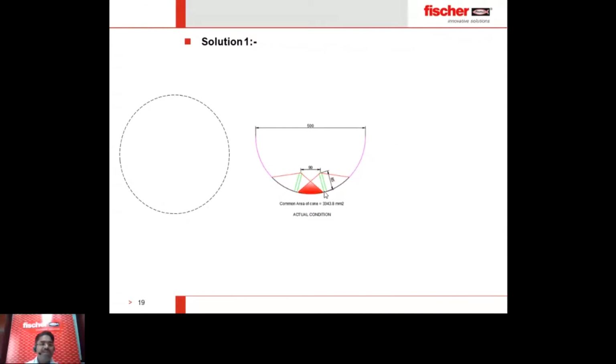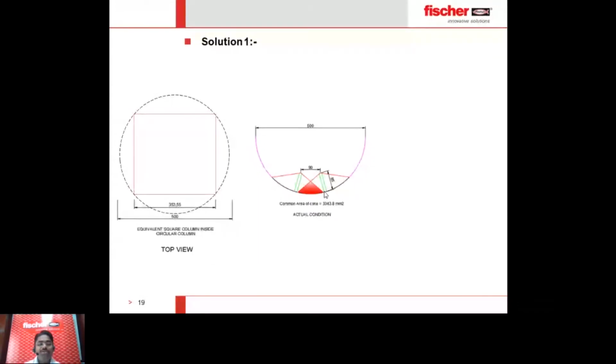So it can be circular, it can be oval also. Oval is also part of the circle. I am talking about the curved surface, how we'll do this. Here you can see the concrete cone forming, and the cones make a common area which is 3343.8 millimeter square with this particular dimension.